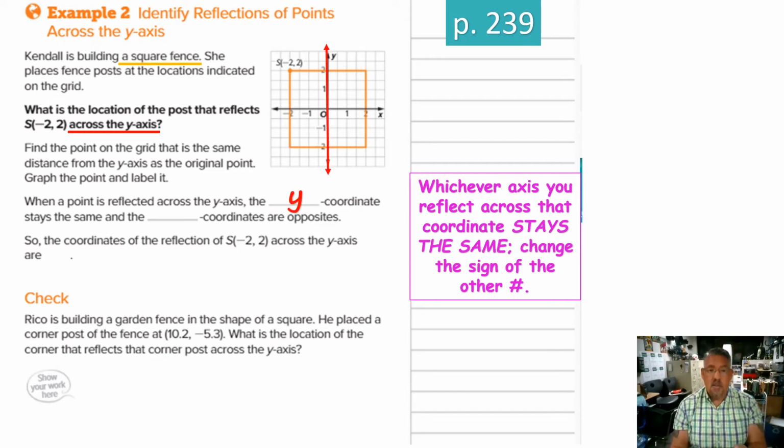And then my x, I just have to write its opposite. Therefore, as they're showing you, if I keep the y, it's going to remain as a +2. But instead of having a -2 for the x, I'm going to do its opposite, which is a +2. So they tell you that the reflection of point -2, +2 would be a +2, +2.